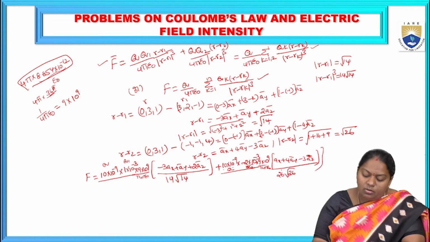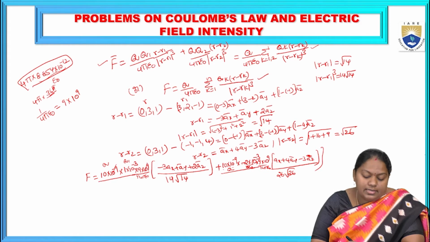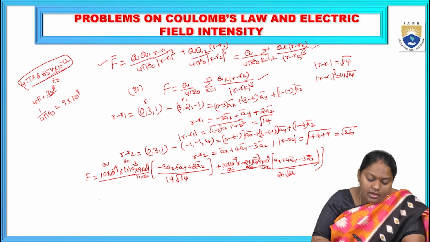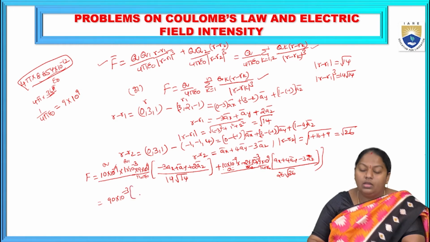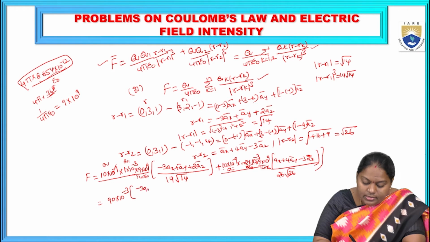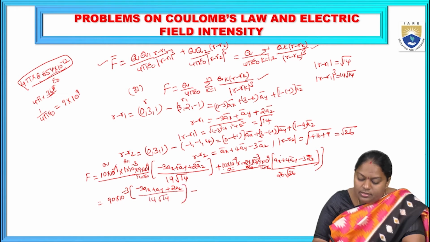So upon simplifying the complete equation, we get 10 power minus 9 and this 10 power 9 gets cancelled, and 10 into 10 power minus 3, and already we have 9 left here, so 90 into 10 power minus 3, into minus 3ax plus ay plus 2az, by 14 root 14. Then minus, why?